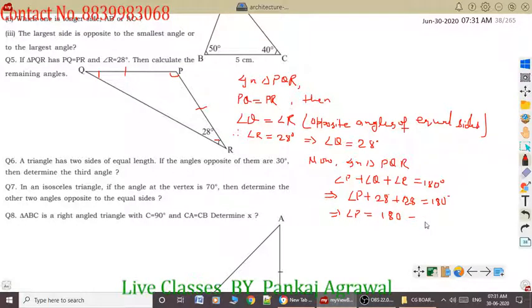You will write on this side, it will be minus 56 degrees, and then it will be 124 degrees. And this is the answer. Is it clear?